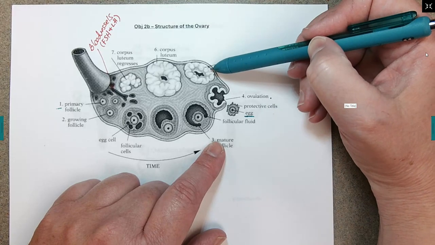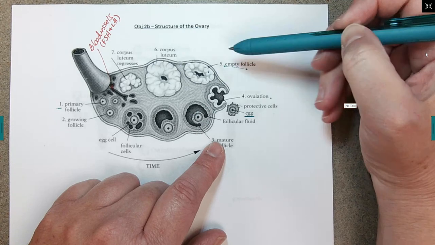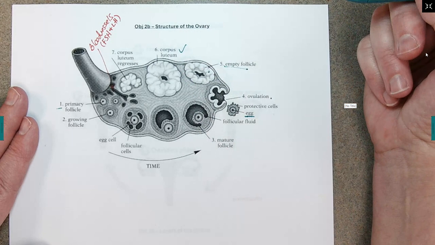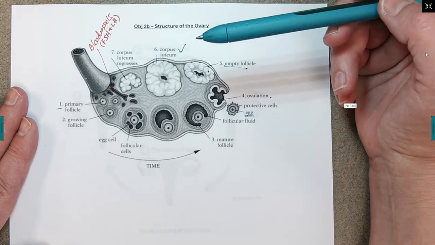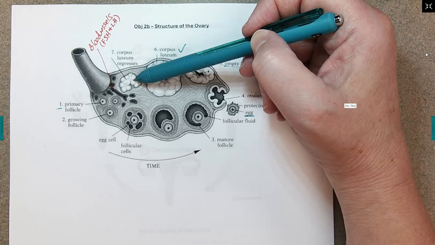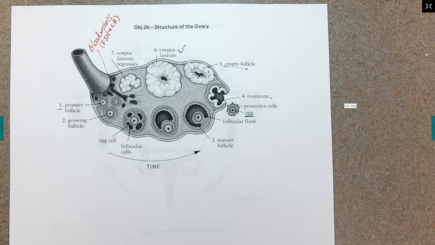Now, what you're left with is this empty follicle because the egg has already been ejected. Now, this empty follicle, known as the corpus luteum, is going to actually be secreting quite a few hormones that, again, we're going to talk about in the next video. And that corpus luteum will eventually dissolve, and it's going to regress and just disappear.